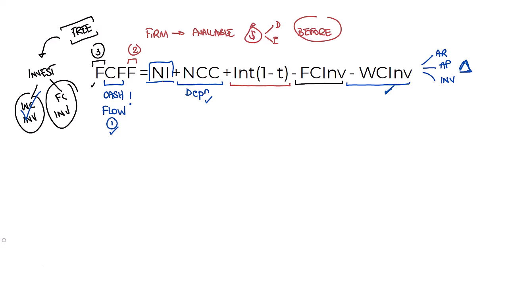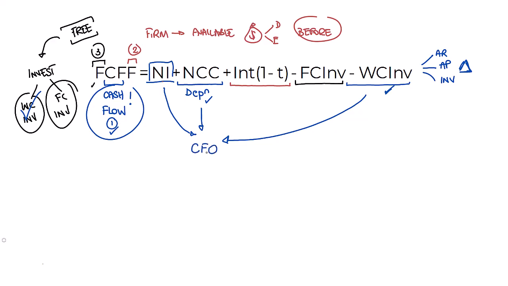Now, that was a bit of a pain, particularly starting with net income, having to add back non-cash charges, and having to adjust for working capital investment. If only there were a quicker way than starting with net income and adjusting for all our non-cash items. Well, of course, there is. Just start with CFO.